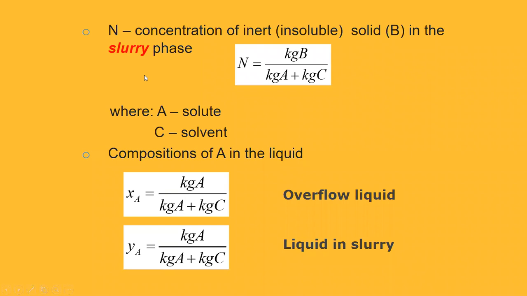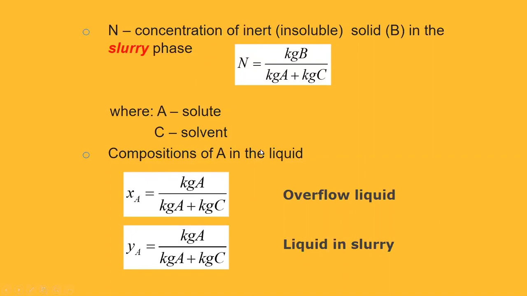So this is how we represent our leaching equipment. Now, this is how you represent the concentration of the insoluble solid B in the slurry and in the feed. So N is equal to kilogram B over kilogram A plus kilogram C. This is how we represent it. A is your solute and C is your solvent.